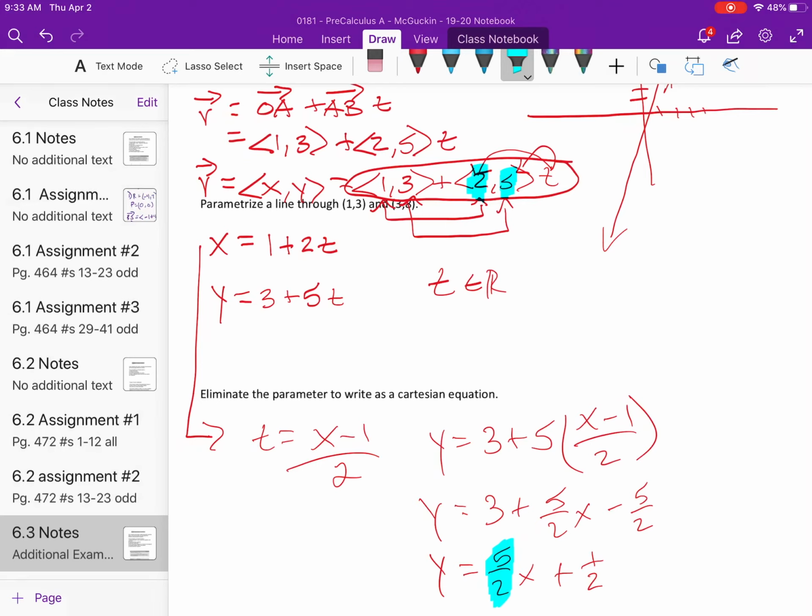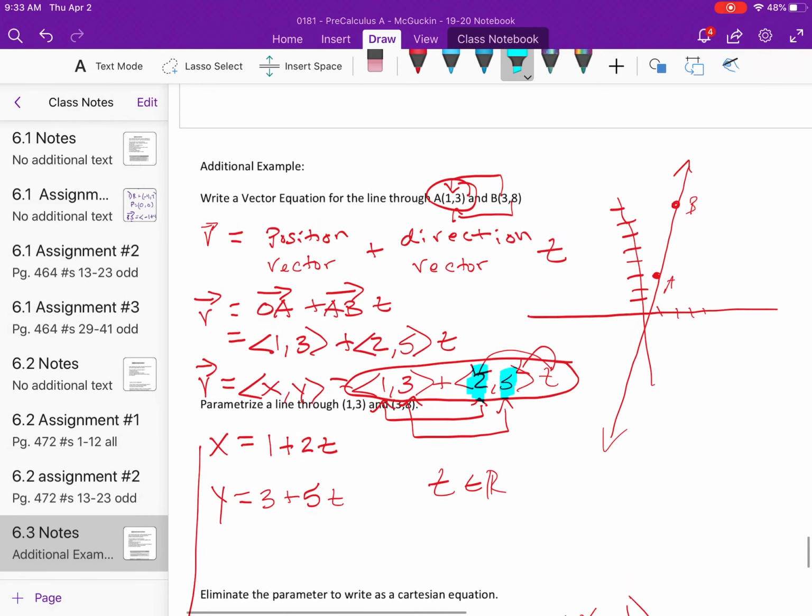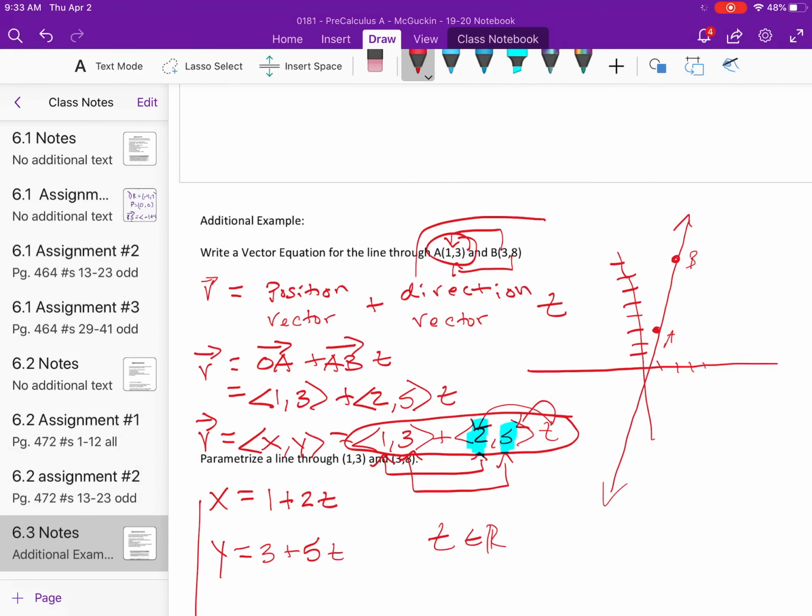And then, where do we come from in terms of our position vector? If I go back to the very beginning and write the equation of this line in point-slope form, you end up getting y minus 3 equals 5 over 2 times x minus 1.